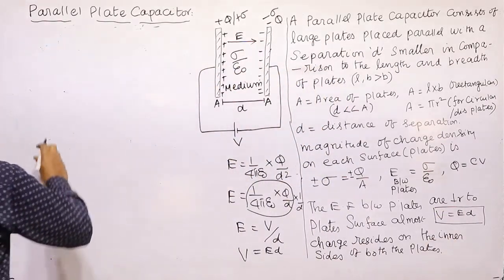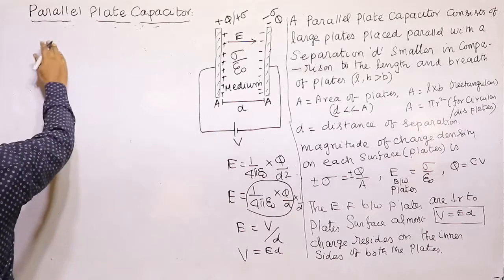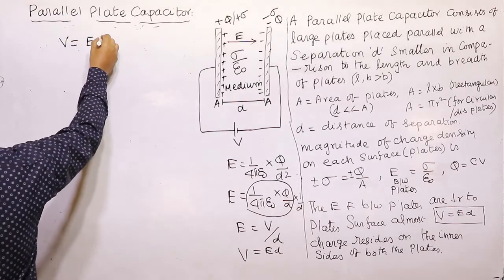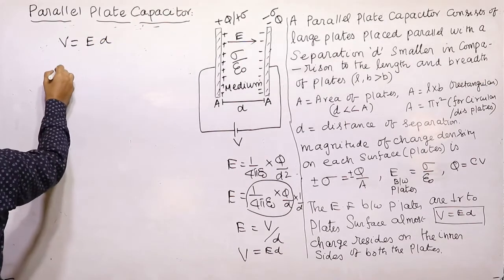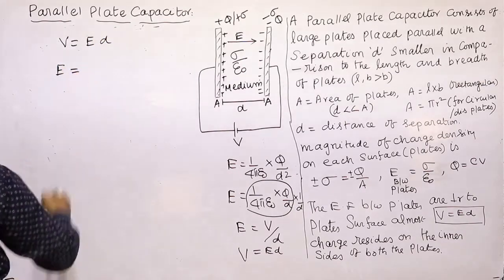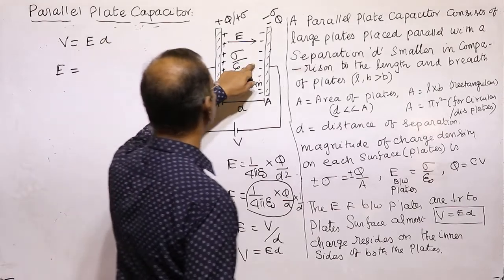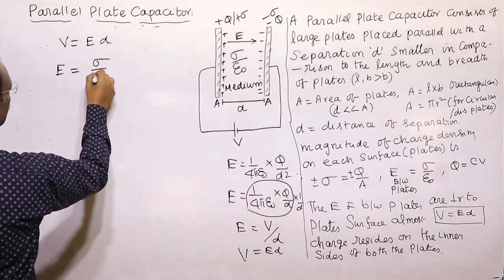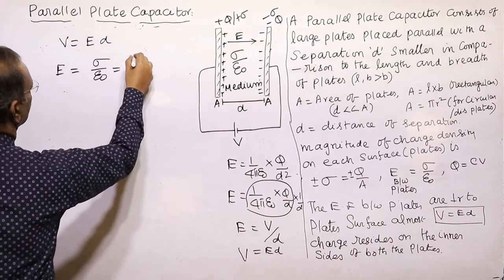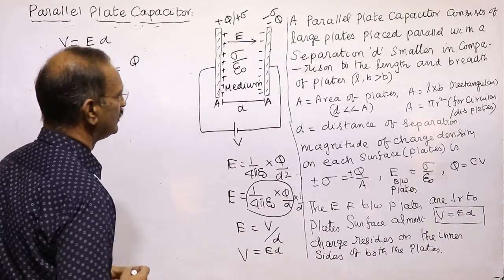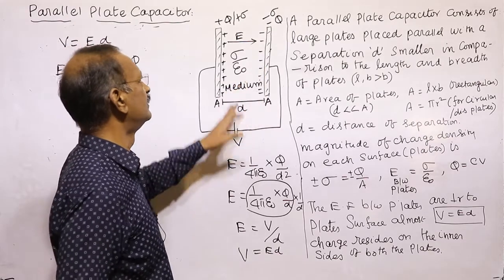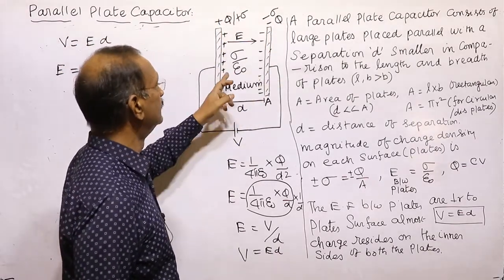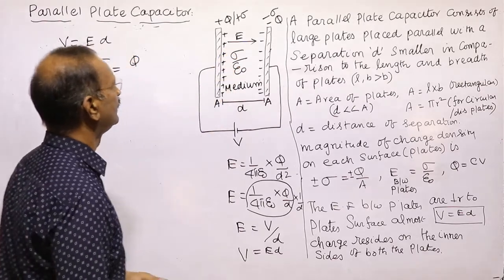Since we know V is equal to E into d, what is the electric field inside? The electric field inside is equal to sigma by epsilon naught. One thing you have to remember: charge on the capacitor means charge on the positive plate, not on the negative plate.